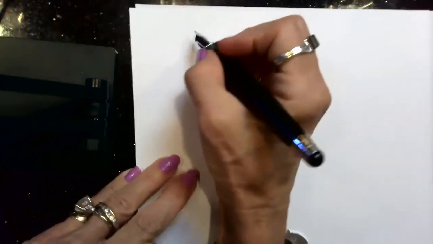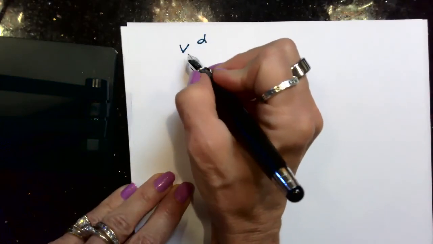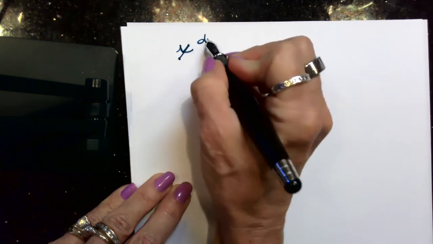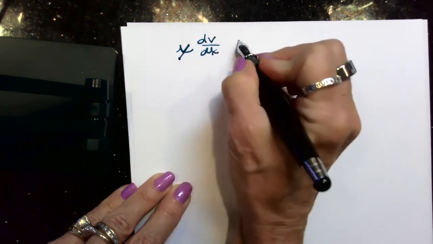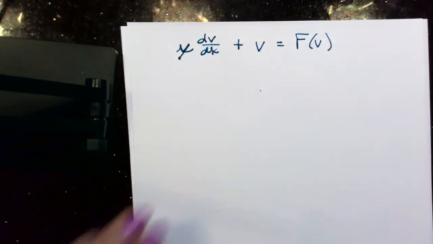So at the bottom line, we had x dv/dx plus v equals F of v.